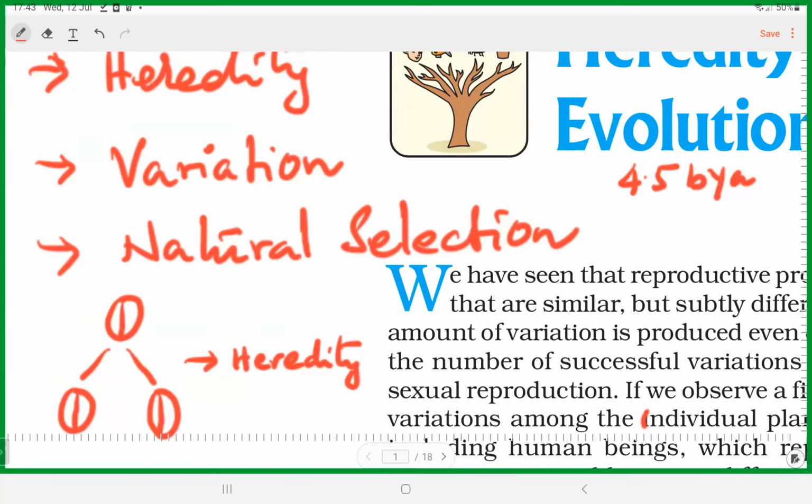And then the first form of life evolved 4 billion years ago. And then when humans evolved, we may assume 2 million, 150 million.